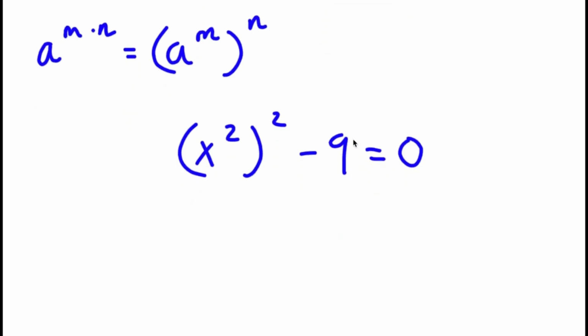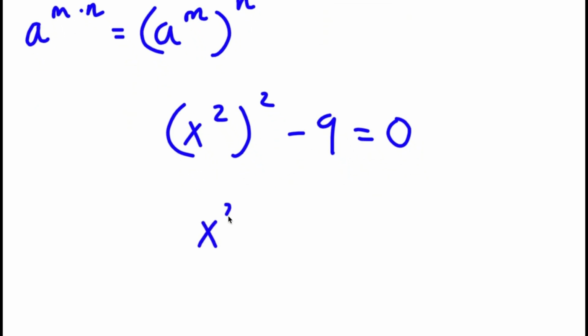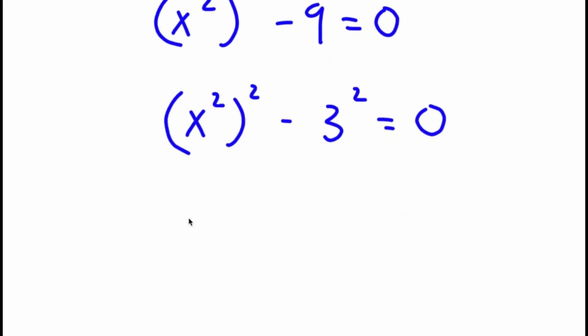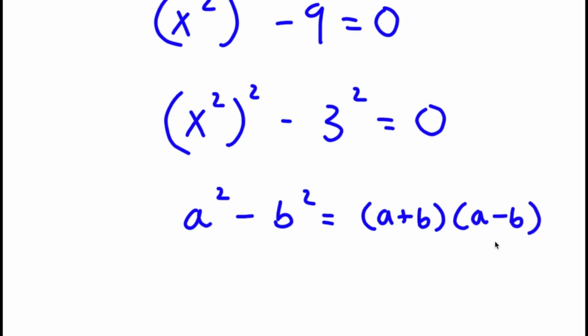Now 9, this is the same thing as 3 to the power of 2. So now I have x to the power of 2 to the power of 2 minus 3 to the power of 2 is equal to 0. Now if I have something in the form a squared minus b squared, this is equal to a plus b times a minus b.